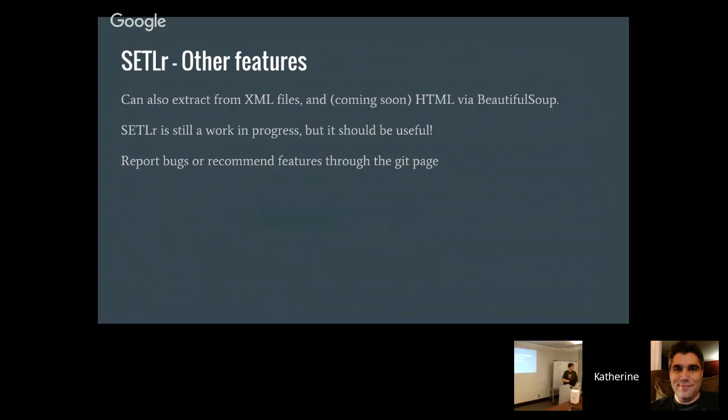It would work very similarly to working with an XML document, except it's more flexible. The main thing is that this is work in progress, and we're hoping to move it in useful ways. So go ahead and report bugs or feature requests in GitHub.